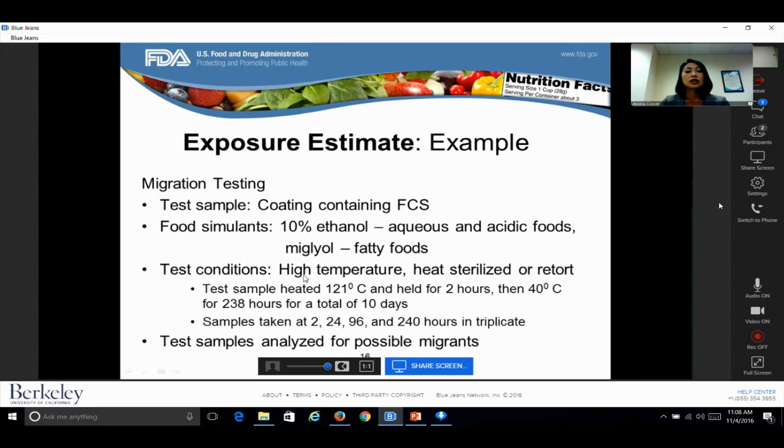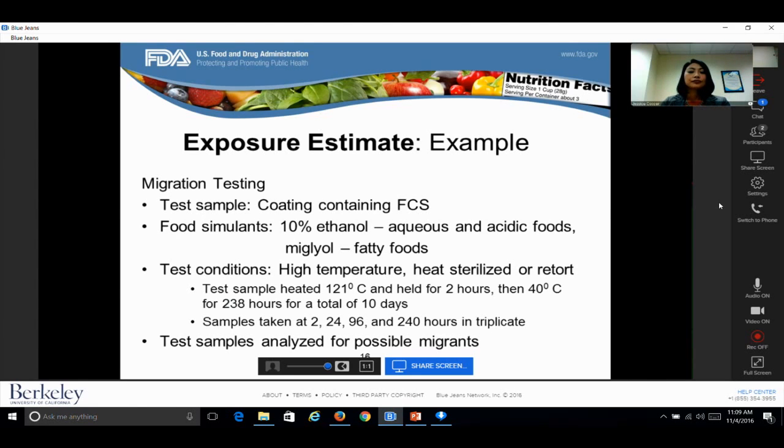For test conditions, for the retorts, we recommend test samples are heated at 121 degrees C, held for 2 hours, and then 40 degrees C for 238 hours, for a total of 10 days. Samples must be taken at 2, 24, 96, and 240 hours and done in triplicate.